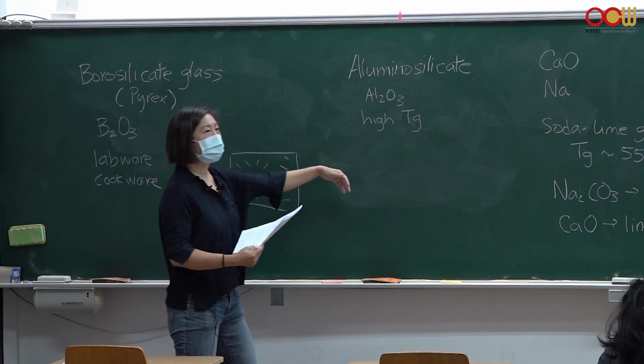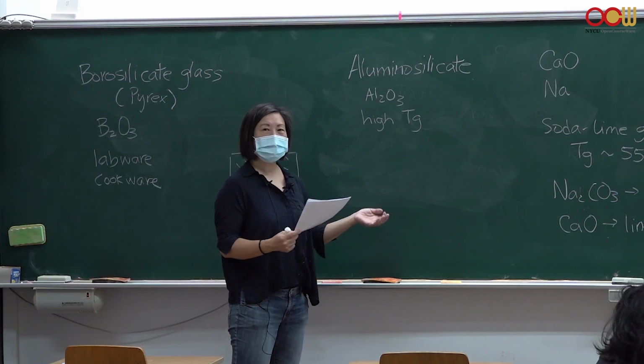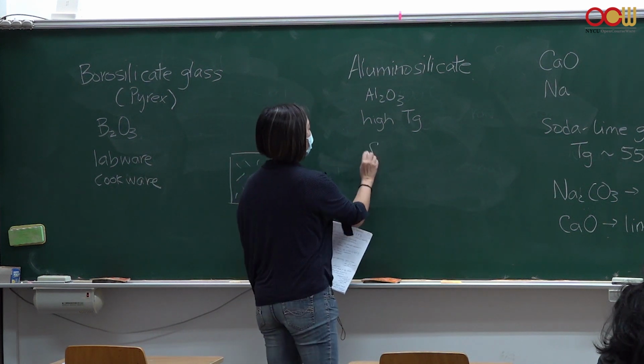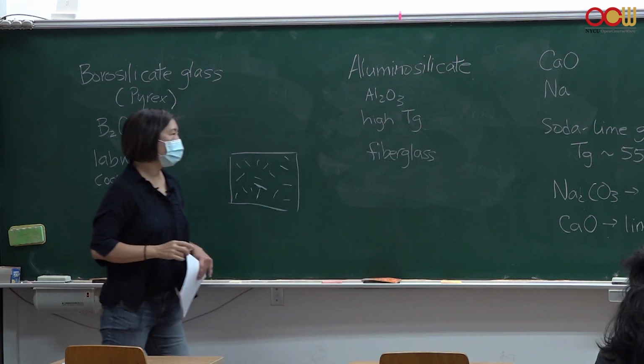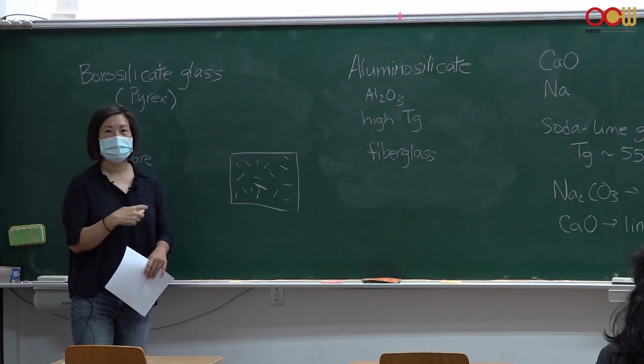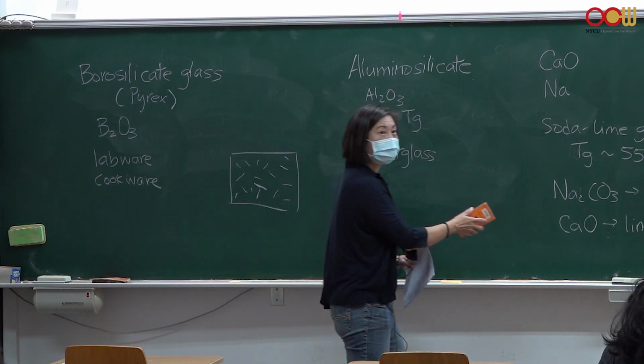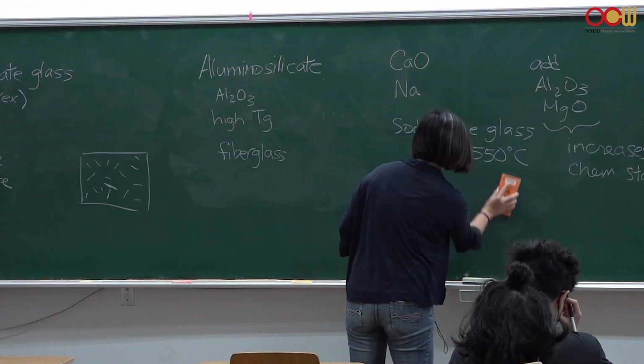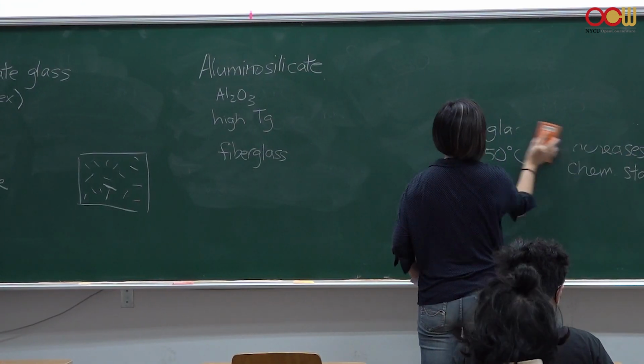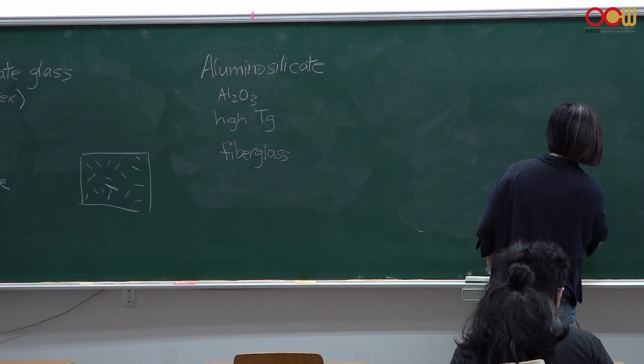So it's actually used in things like higher tech materials and also fiberglass. Almost all fiberglass materials are made out of aluminosilicate. So these are the kinds of amorphous silica. So amorphous silica or glass has these different applications and uses and properties.